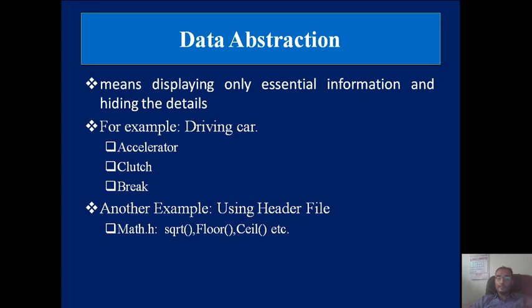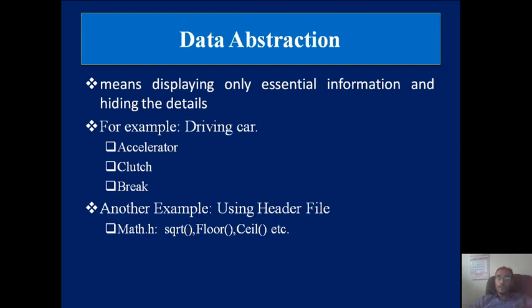Programmatically, including a header file is another good example of data abstraction. For example, if you are using any mathematical formula, you use the math.h header file. In that, you are provided with the square root, floor, ceil, etc. functions. If you want to find a square root, you pass an integer or float variable into the square root function.